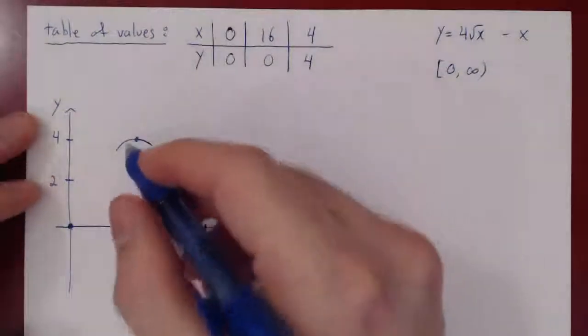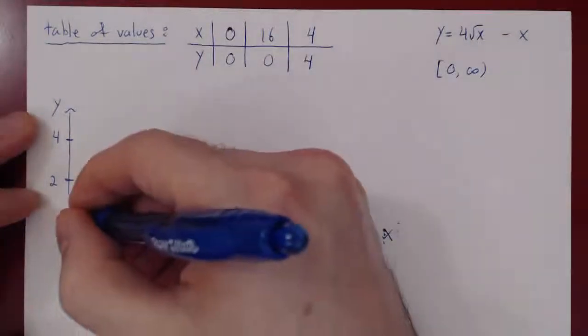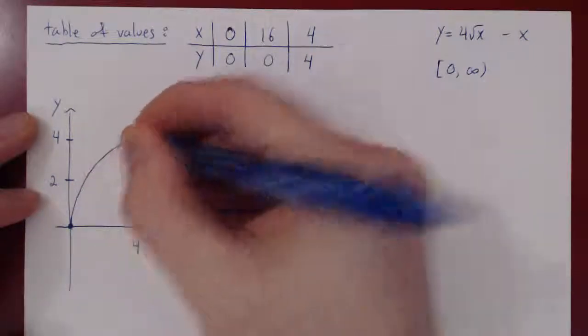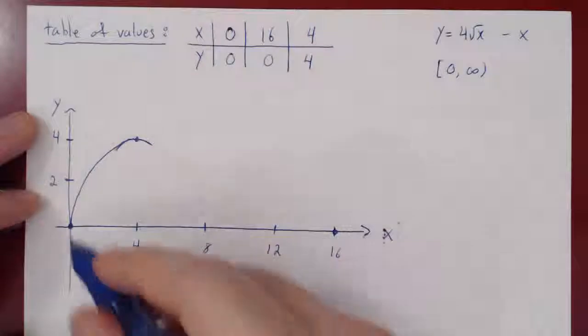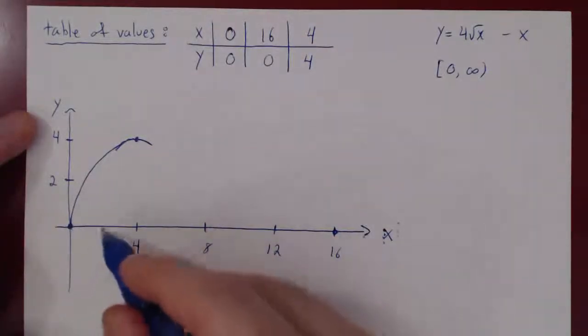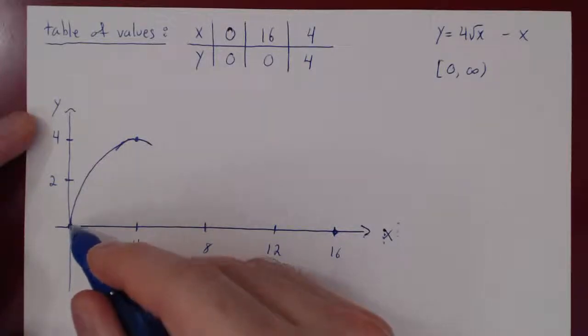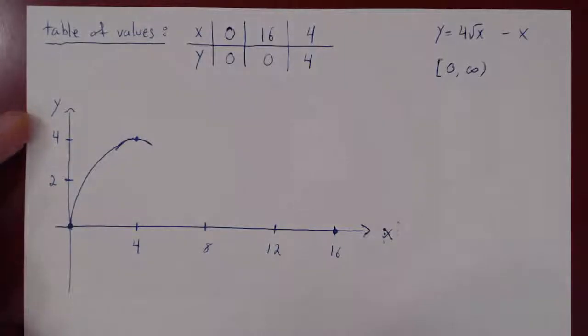So we will connect this point with the value at 0, 0, but we know that at 0, the curve will essentially be nearly vertical. So the graph will look something like this. And here the closer we get to 0 from the right, the closer the curve is to being perfectly vertical. In the limit at 0, the curve becomes vertical.